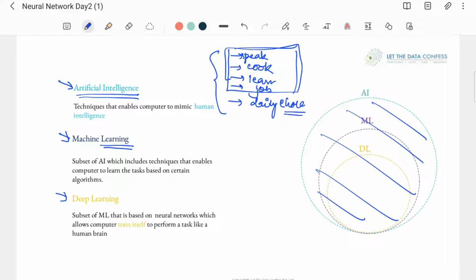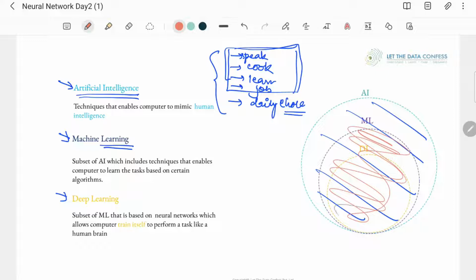Suppose you are trying to predict house prices. You want to purchase a piece of land and you are trying to predict what the price of that particular land will be after certain years, and you are using machine learning for that. Then you can figure out why it predicted that a particular property is going to be very high priced or low priced. You should have the logic behind it. This is called ML.